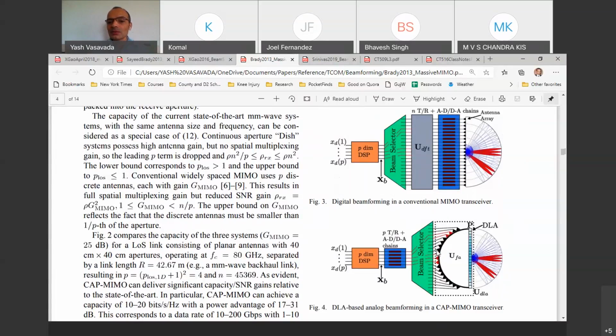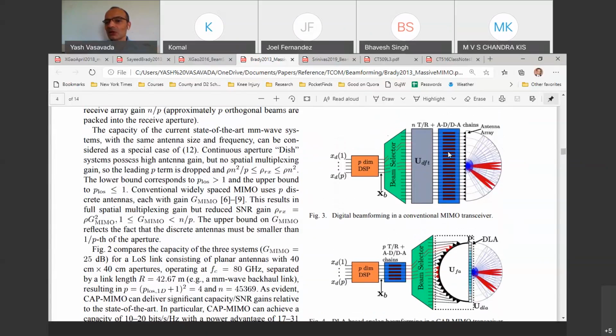But what they're saying is that by doing this, the DFT operation is automatically performed in the analog domain here itself. And so now instead of needing so many different RF circuits at the output of the conventional ULA, I need only a few RF circuits.